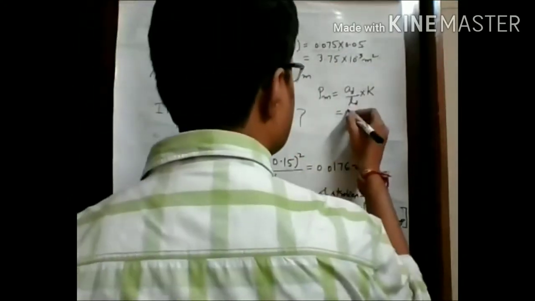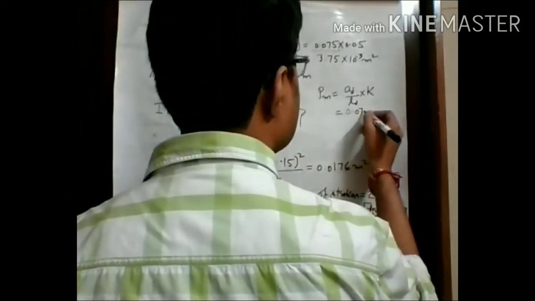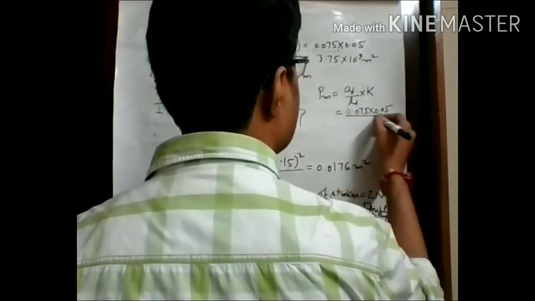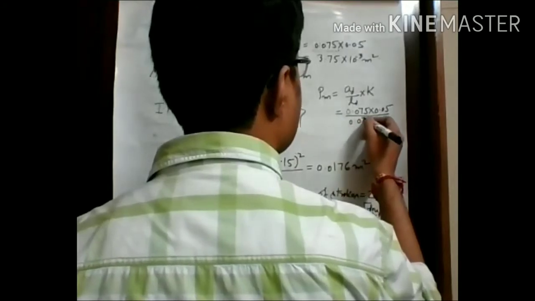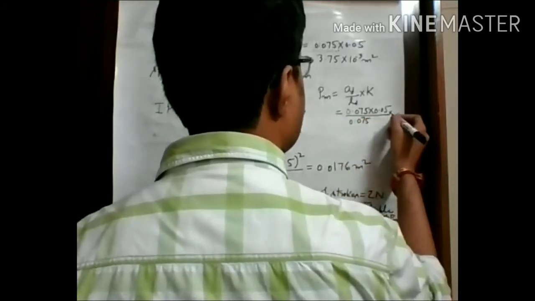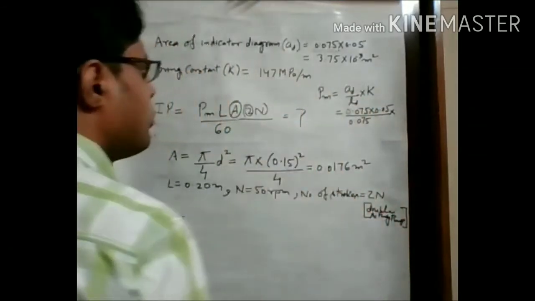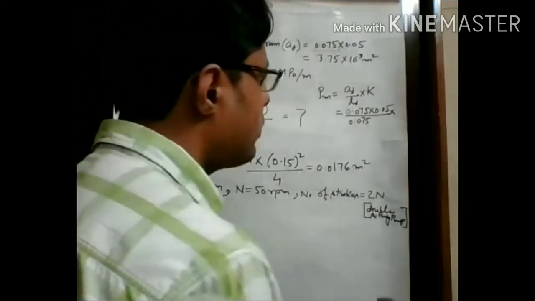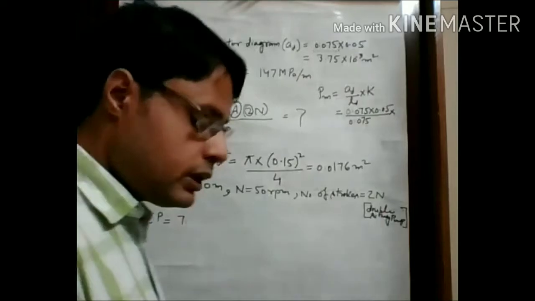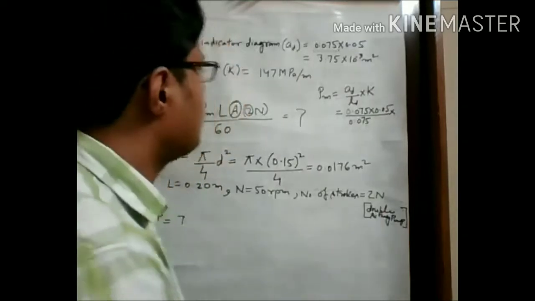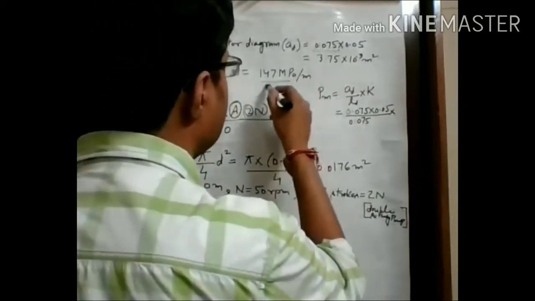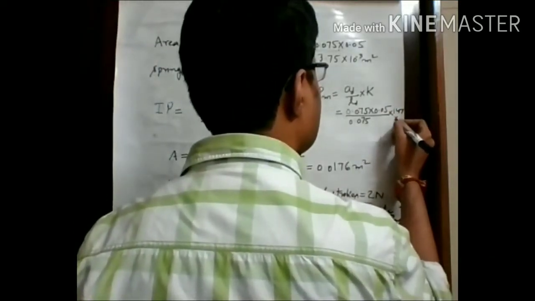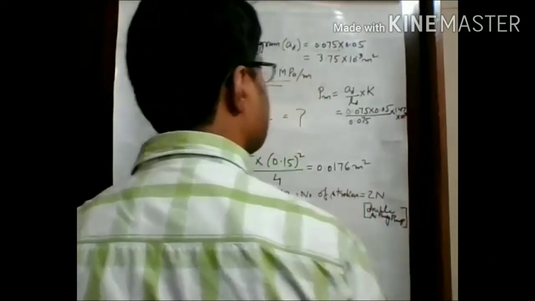So if we put 0.075 multiplied by 0.05 divided by 0.075 multiplied by K, what is the K value? 147 megapascal. You want to calculate this PM value in kilopascal, so you have to convert this term into kilopascal, so 147 into 10 to the power 3.